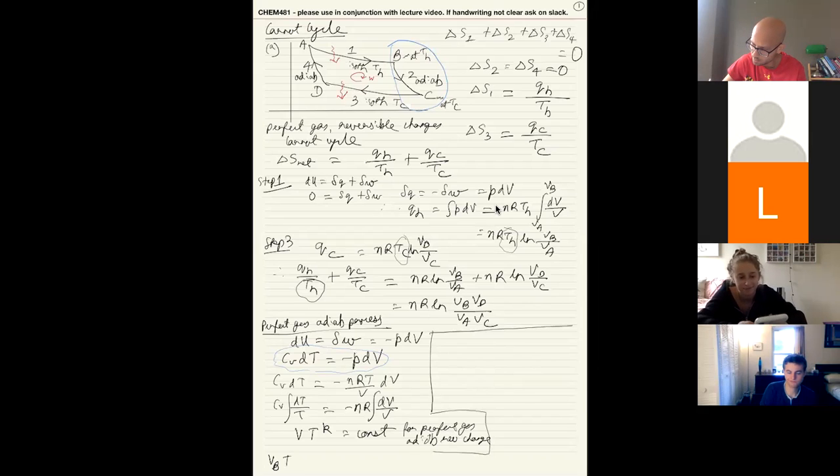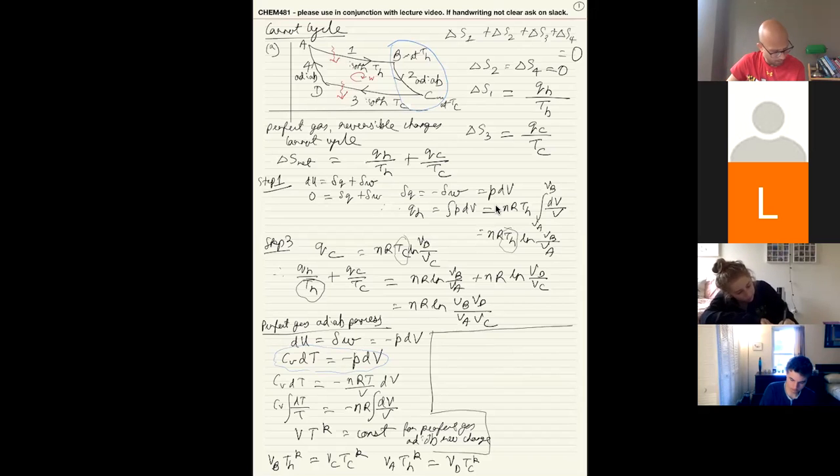So VB TH to the power k is equal to VC TC to the power k. And similarly here for AD, VA TH to the power k is equal to VD TC to the power k.